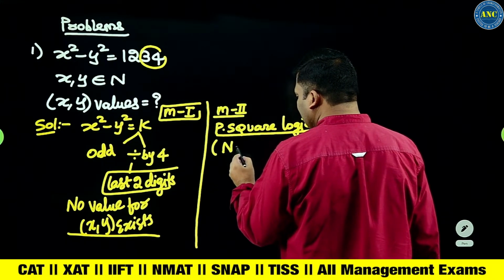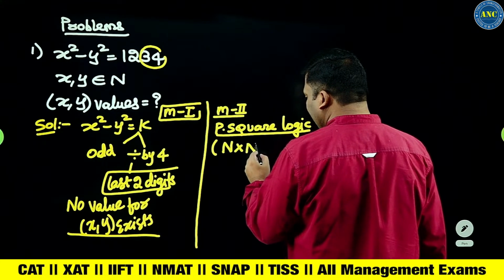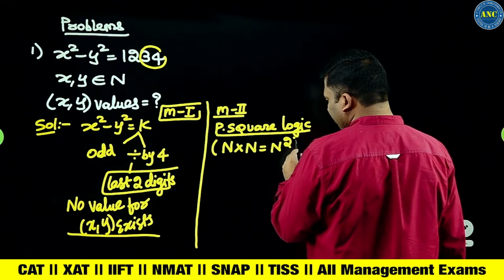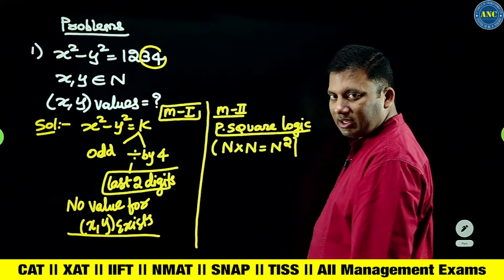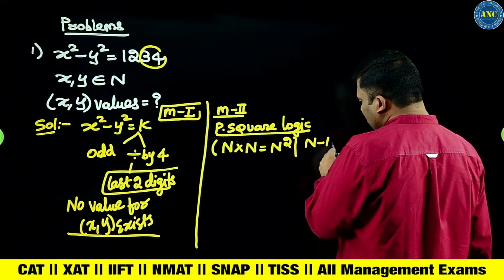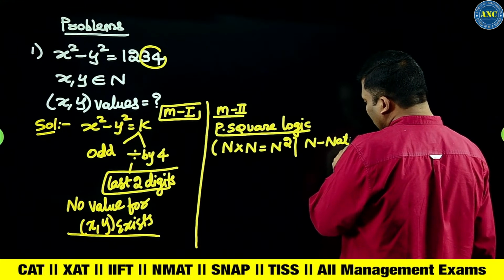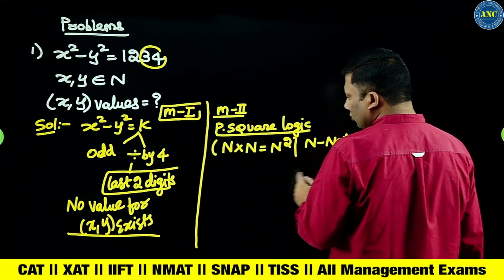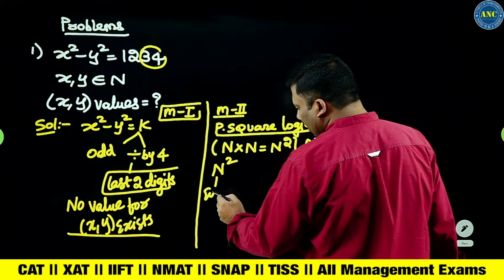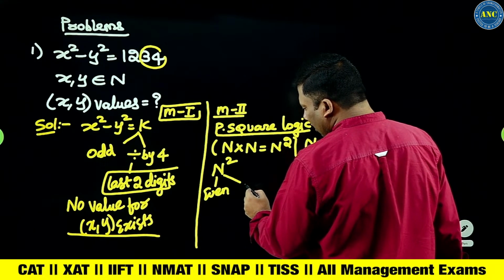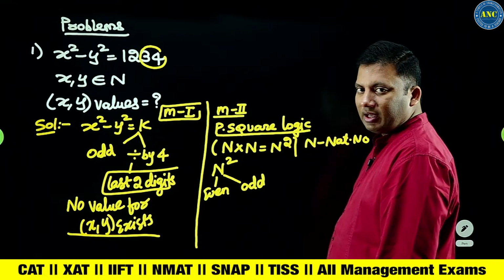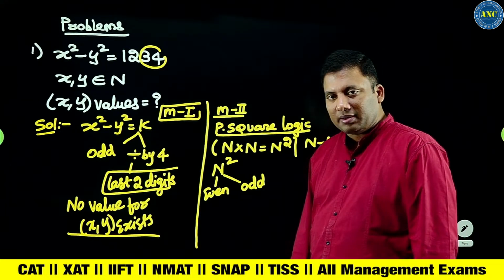You take any natural number and multiply it by itself, and you get a perfect square. n into n is n square. Since n is a natural number, n can be an even number, or n can be an odd number.